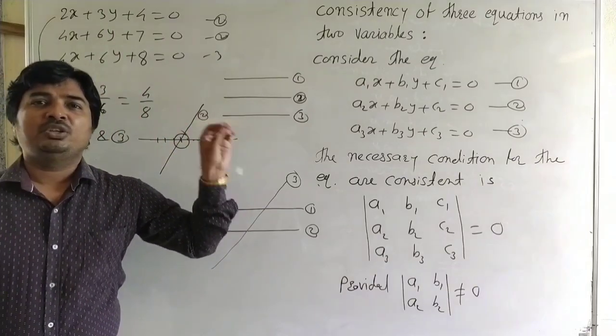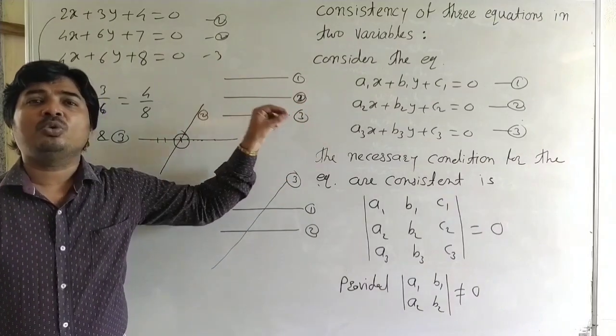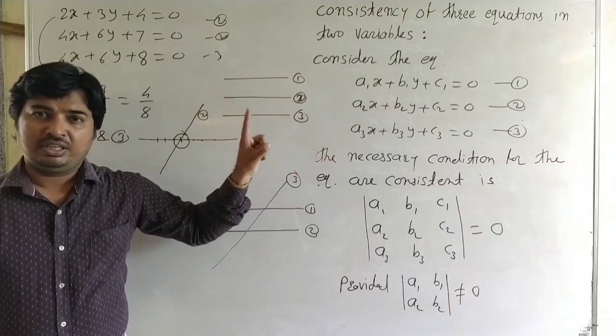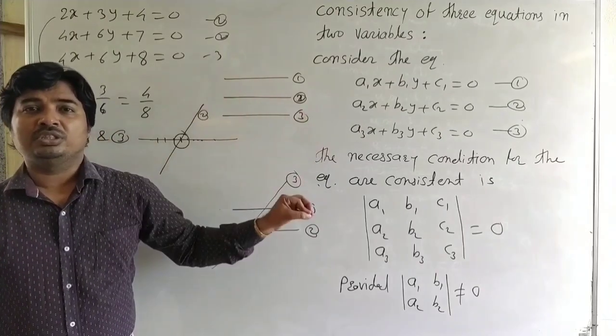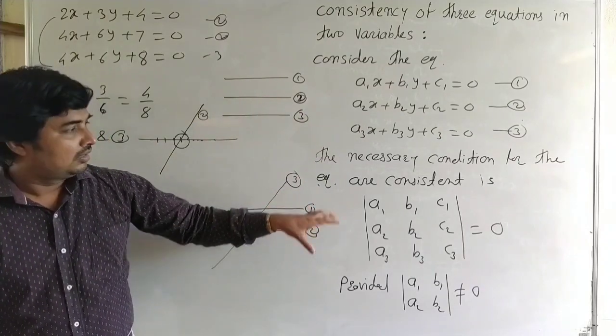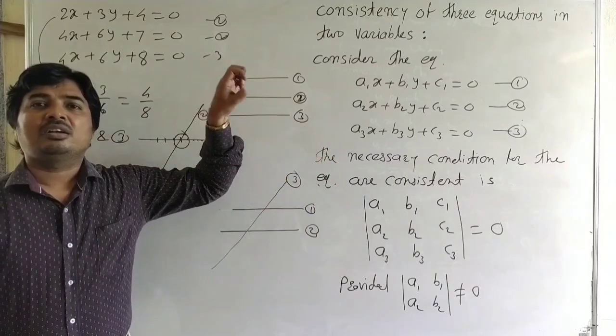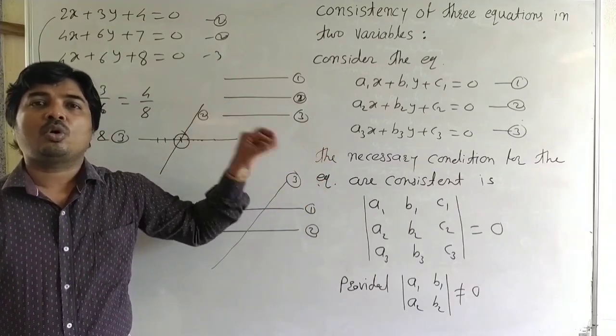If any two lines out of 3 coincide, then the lines are consistent. That means they have a common solution.